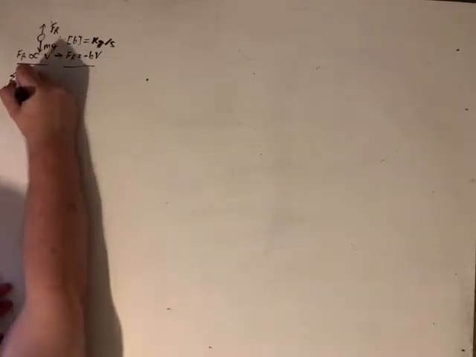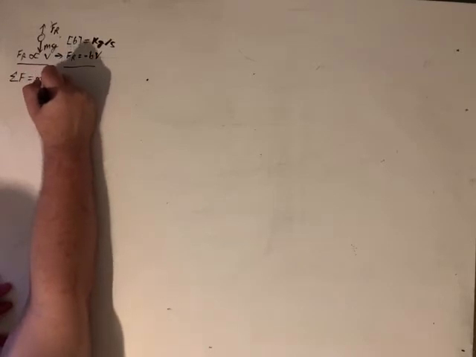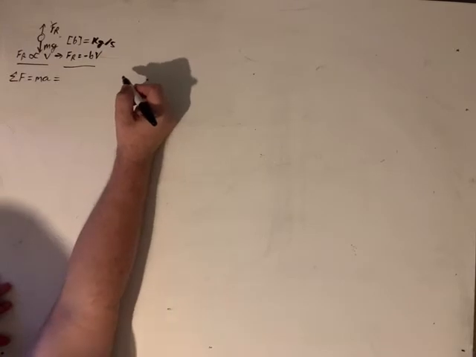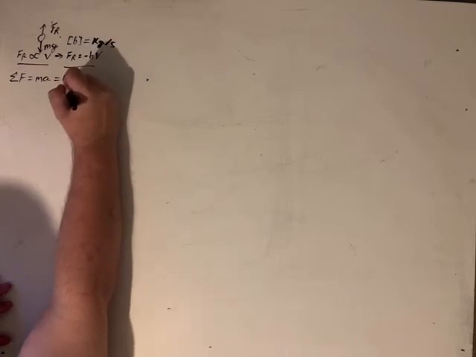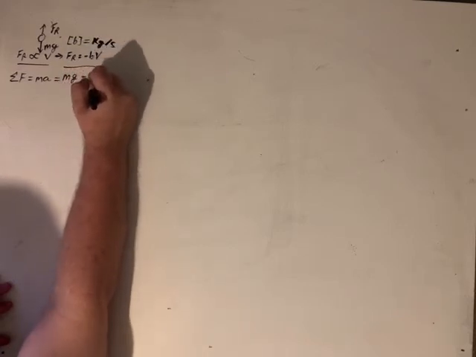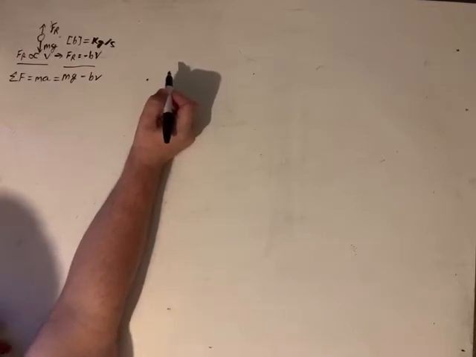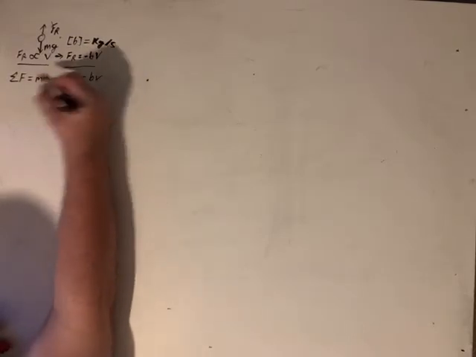So we can say the net force, or the sum of the forces on the object, still equals ma, that's Newton's second law. And let's say that the positive direction is the direction that the object's moving. So it's falling, so that'll be in the direction of gravity. So mg is positive, and bv is negative. The resistive force is negative. And then we can do what we did before and say that acceleration is the derivative of velocity.